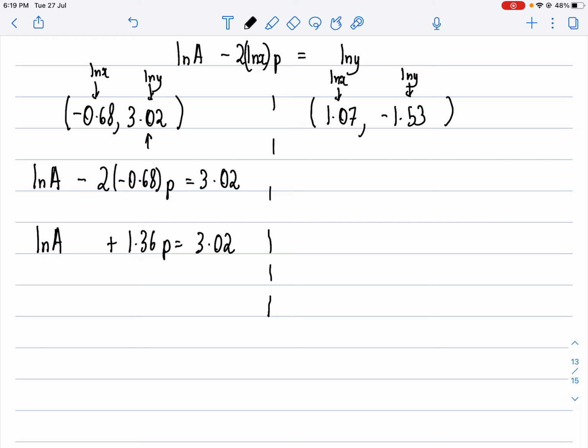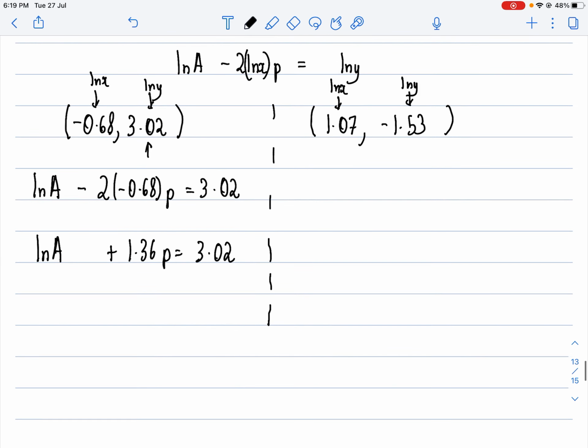Easy to understand. Now what I can simply do is focus on the other set of coordinates which I have. So I have ln A minus 2 multiplied by 1.07 in the place of ln x, p, which is equal to minus 1.53.